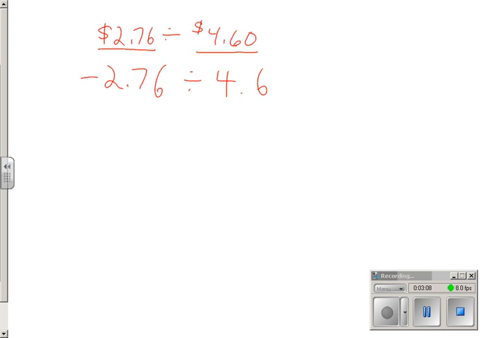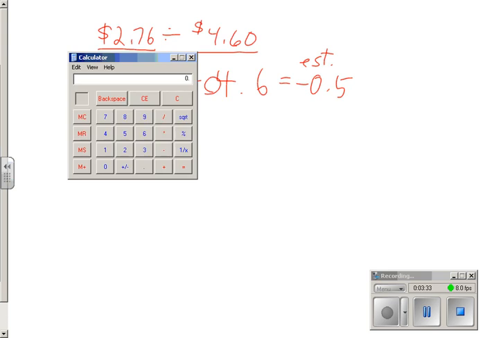Can you make roughly half a pile? And I'm not going to get picky here, but yeah, you can roughly make half a pile of $4.60 if you have $2.76. So that's your numeric answer. And then I say, well, a negative divided by a positive is a negative. So my estimation is going to be negative a half, if that makes sense to you. Now for the calculation, again, I'm not concerned about you being able to do the long division.